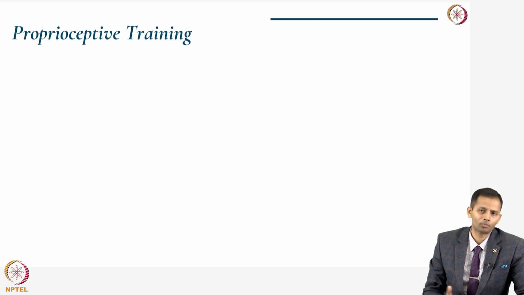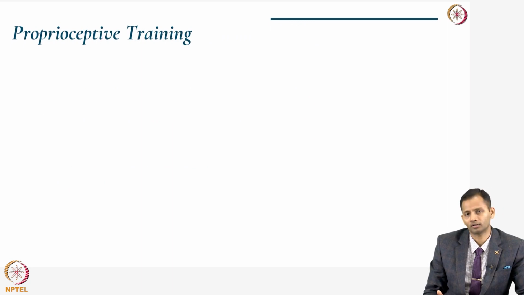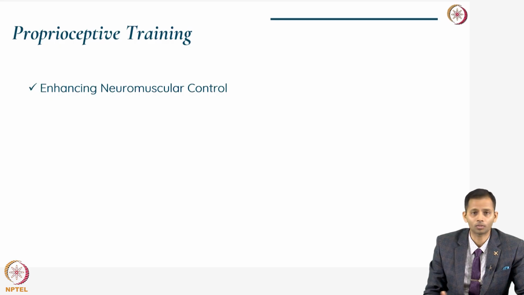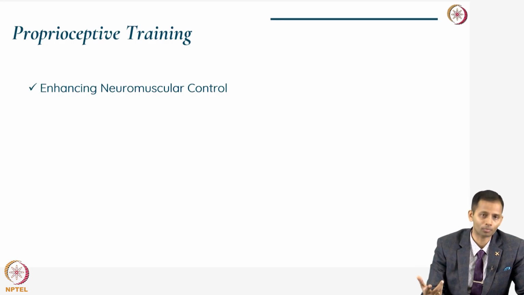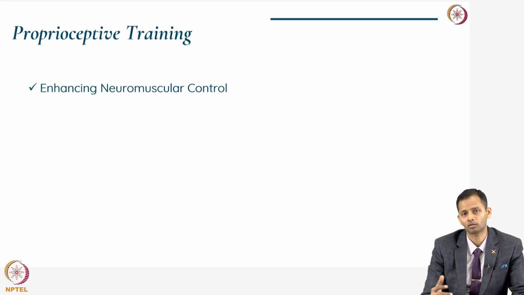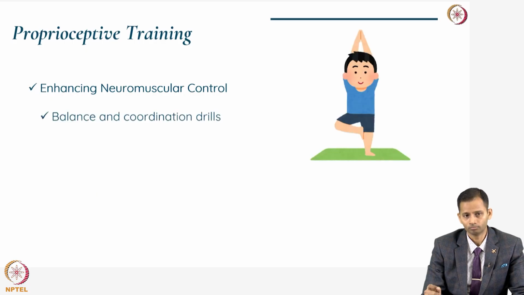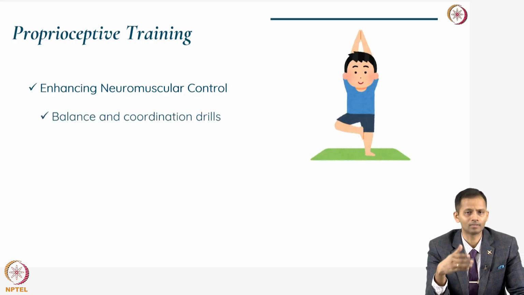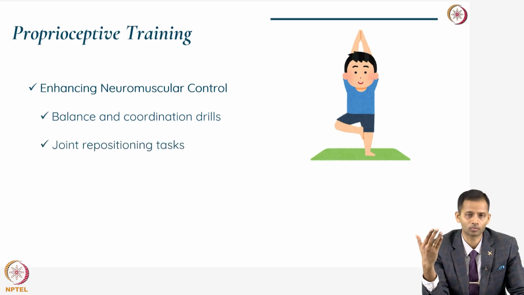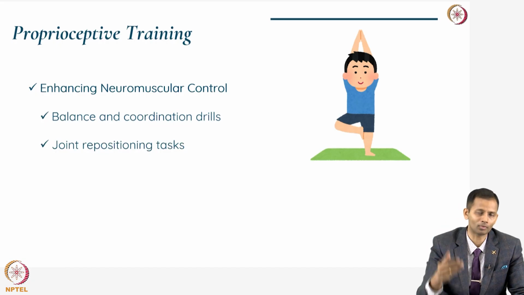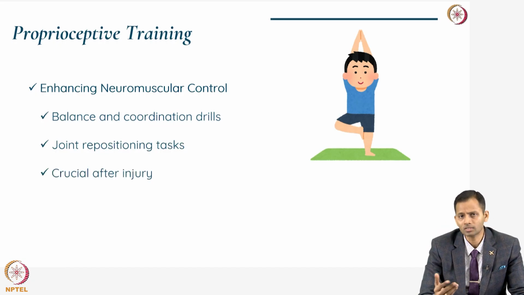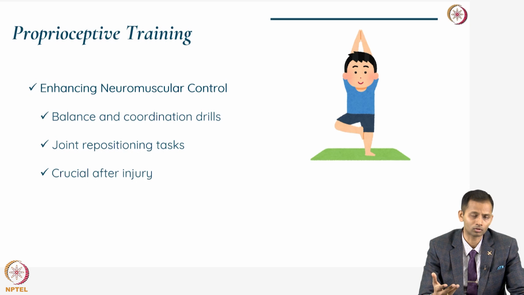Another way of improving joint mobility is by enhancing the proprioceptive training, because proprioceptors are key in giving motor control and movement control, especially post injury. So incorporating balance and coordination drills helps in better repositioning of the joint, and then helps in movement control, especially crucial after injury.